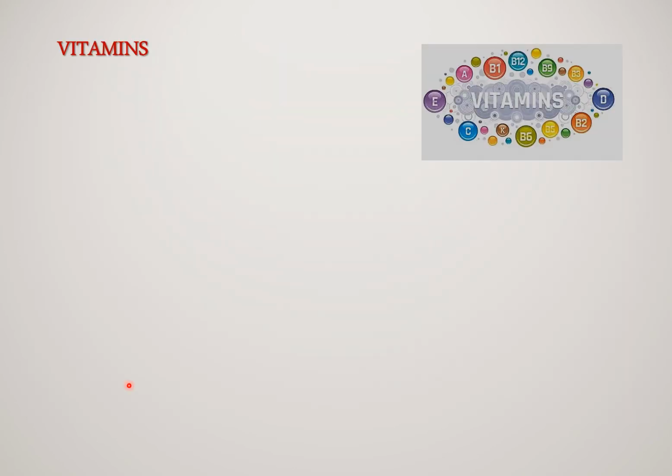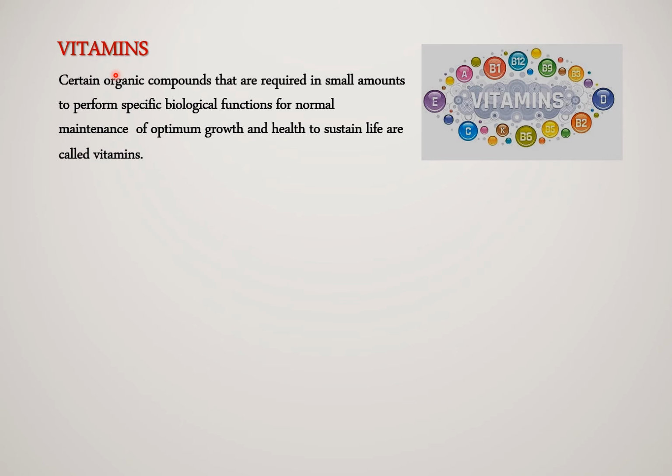Next, let us proceed towards the other functional aspect about proteins, the vitamins. Now, what is important to the human body? Besides oxygen, which is a mandatory essential component, water is another essential component for the human body.